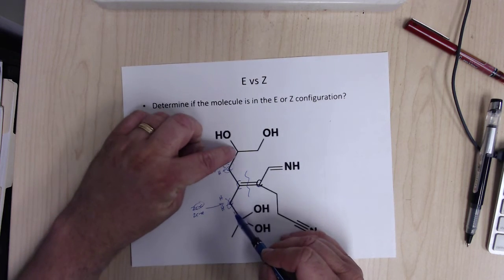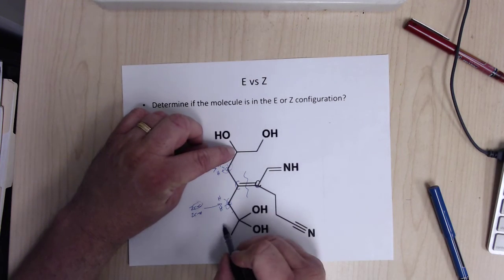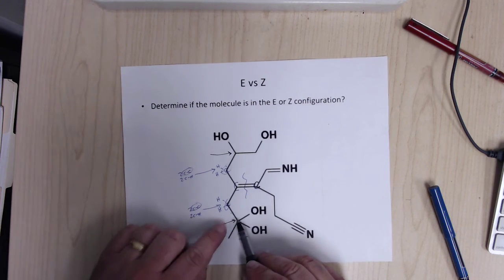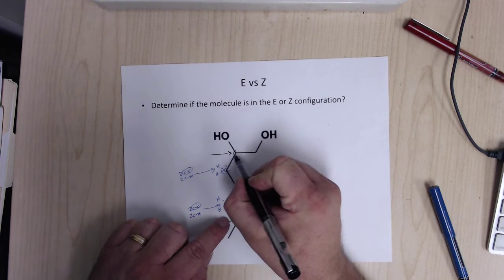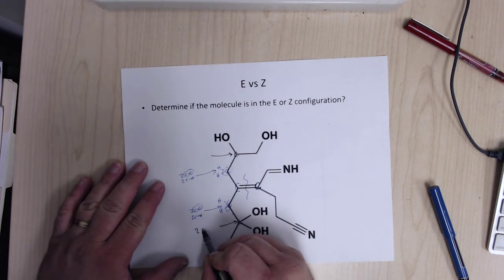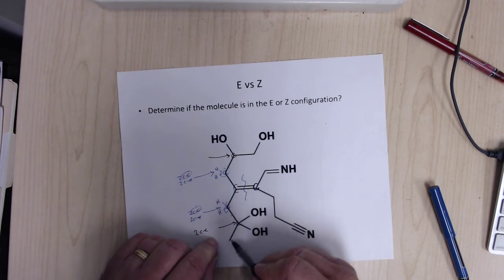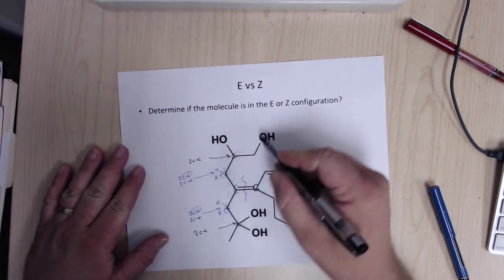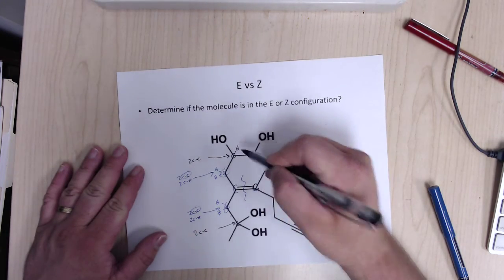So then we move out to here. So now we're going to check out that versus that. So this one is a carbon, and this is also a carbon, so that's a tie. This one has 2 carbon-carbon bonds, here and here. This one also has 2 carbon-carbon. Only 3 bonds are shown, so there's a hydrogen here.